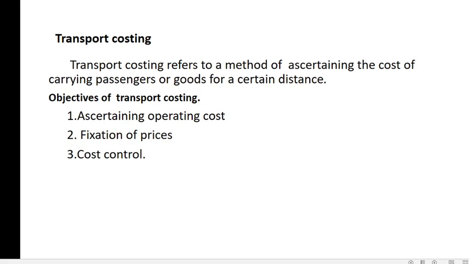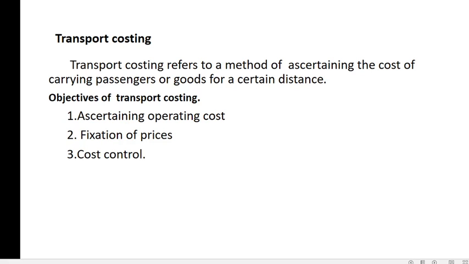Similarly, the total operating cost is divided by ton kilometer to find out the cost of carrying 1 ton for 1 kilometer. So, operating costing refers to a method of ascertaining the cost of carrying passengers or goods for a certain distance.